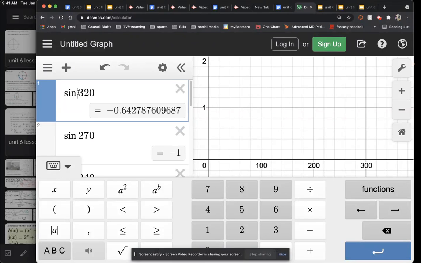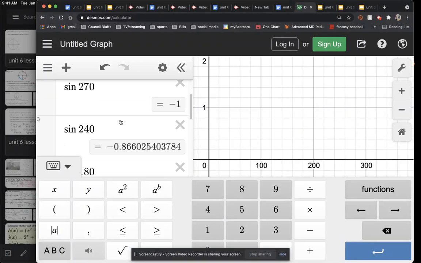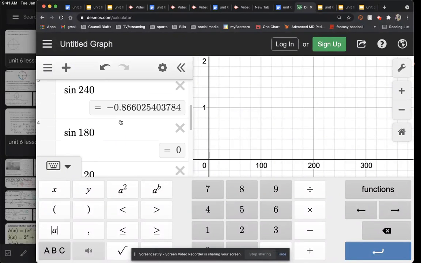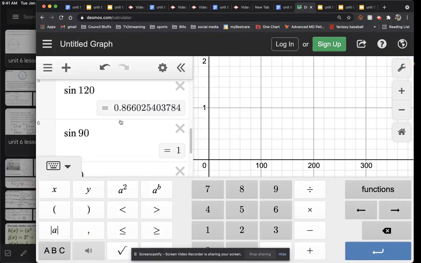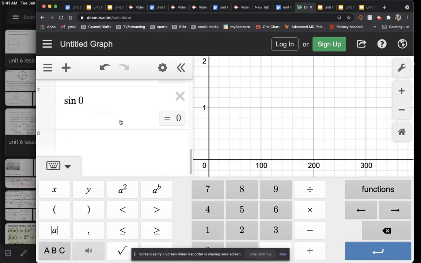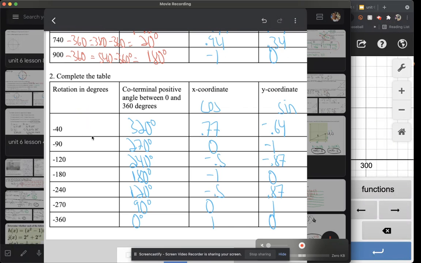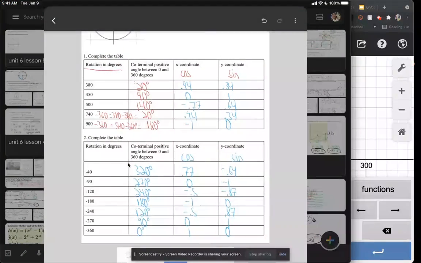Okay, and now I can fill those into the table: negative 0.64, negative 1, negative 0.87, 0, 0.87, 1, and 0. All right, so there I completed the table for number 2.